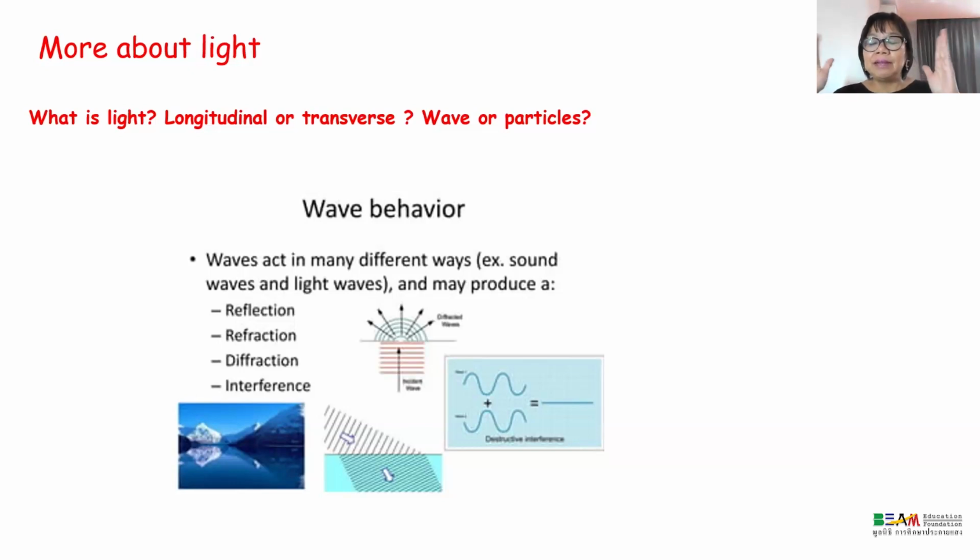For example, think of ocean waves. Ocean waves are coming, and then they hit the sand beach. Where does the velocity of the wave slow down? In the ocean, or when it hits the beach?